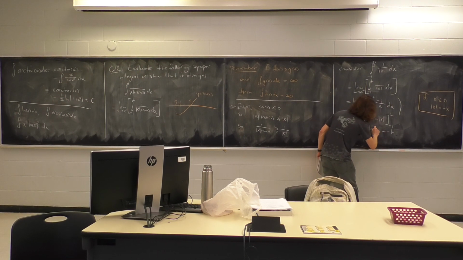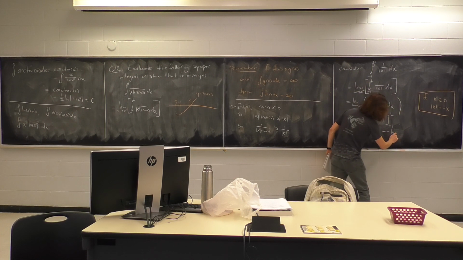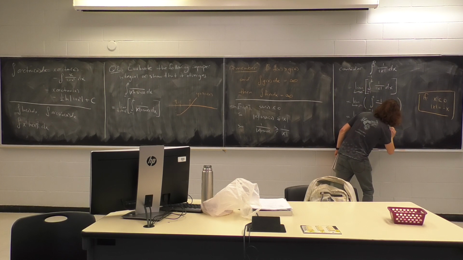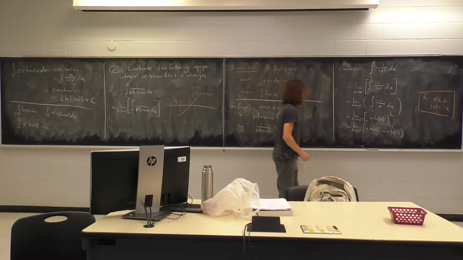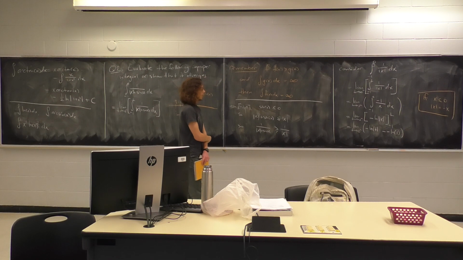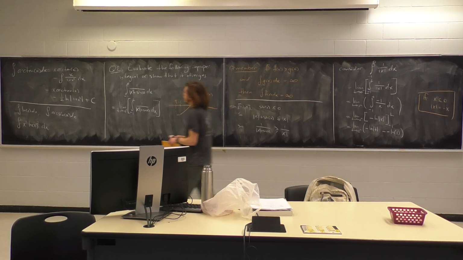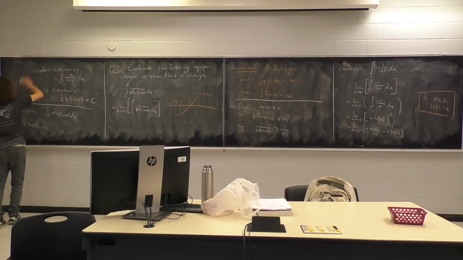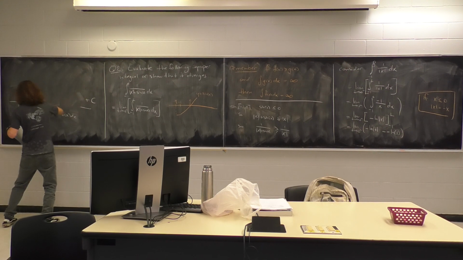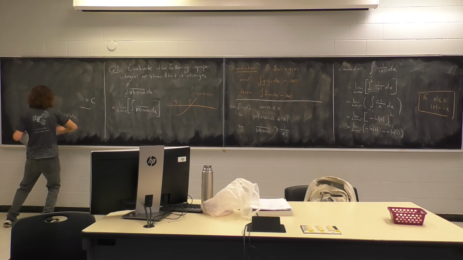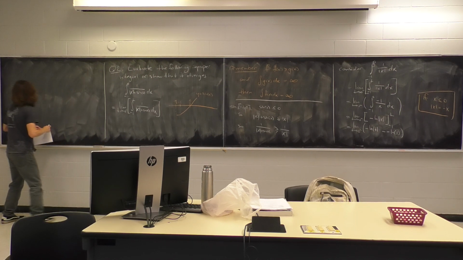I plug in t, so this is minus ln of the absolute value of t, minus the ln of the absolute value of x, of minus 1, which would be 1. And now I have to take the limit of t tending to 0 from the right to this. Which is a great opportunity to remind you what the graph of ln looks like, which also is something I noticed people can't spit out where they should.